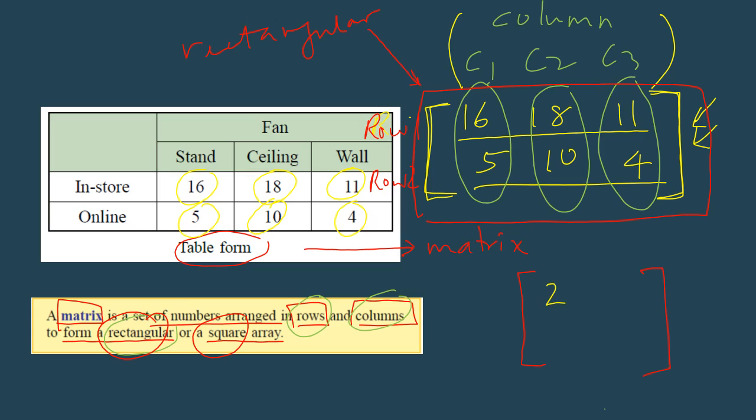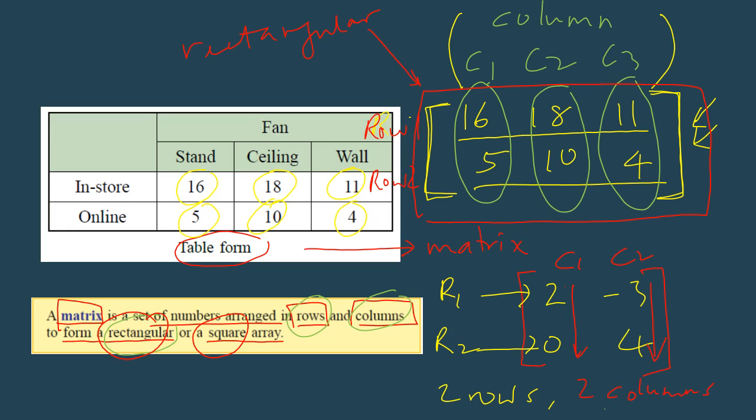Let's say this one is 2, -3, 0, 4. Do you see here? You have 1 row, 2 rows. And also here, you have 1 column and 2 columns. So 2 rows and 2 columns is a square matrix. Okay, that is very easy.